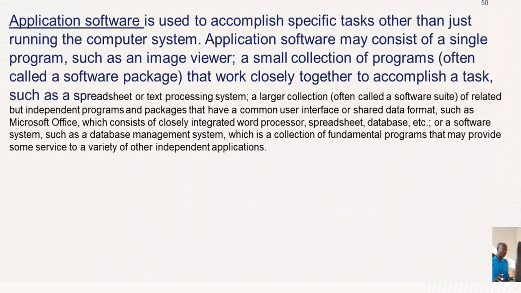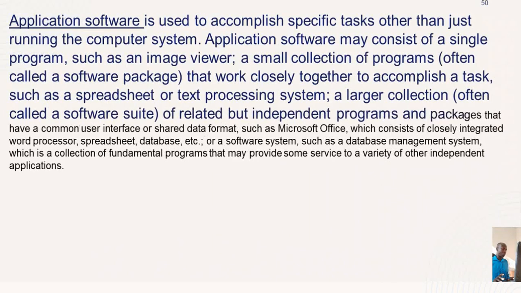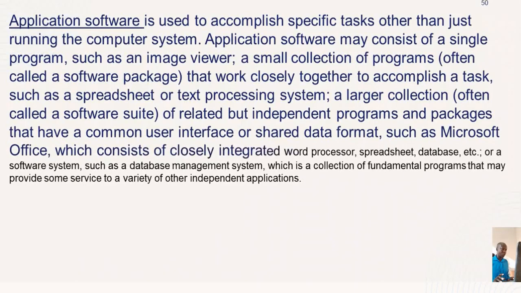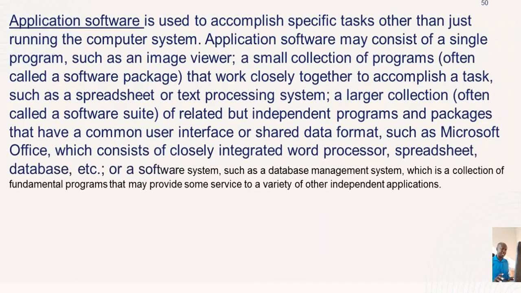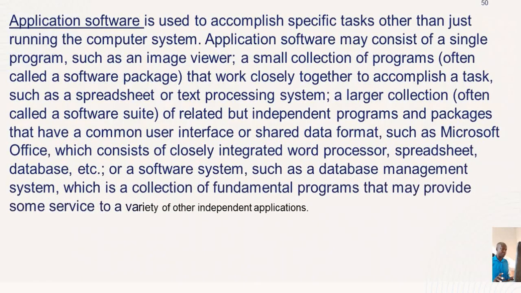Application software may consist of a single program such as an image viewer, a small collection of programs often called a software package that work closely together to accomplish a task, such as a spreadsheet or text processing system, or a larger collection often called a software suite of related but independent programs and packages that have a common user interface or shared data.